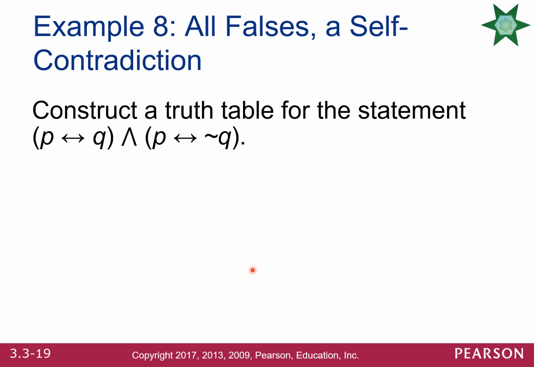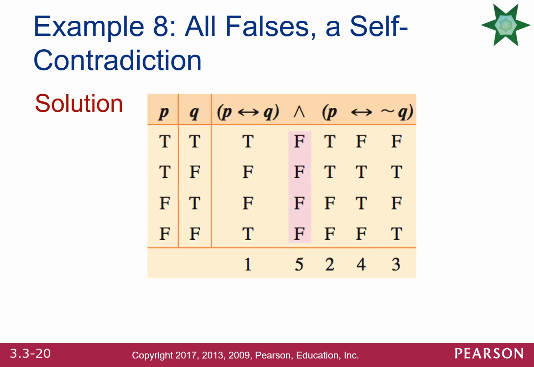Let's go through the process of creating a truth table for this. So let's go through the solution. Let's evaluate the statement that was given to us and see if we get all false statements, which will result in a self-contradiction. All right, so here we have the table set up.